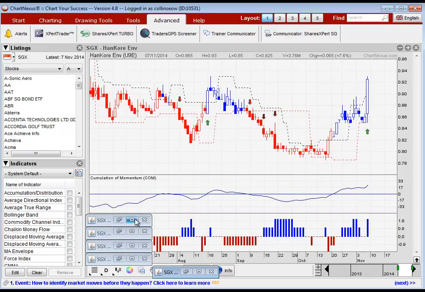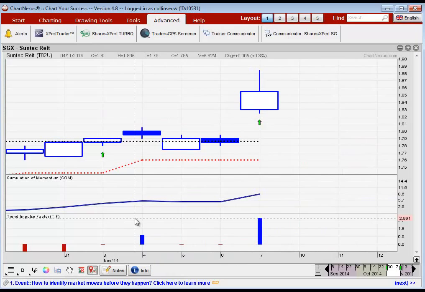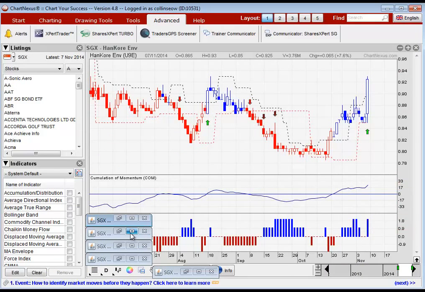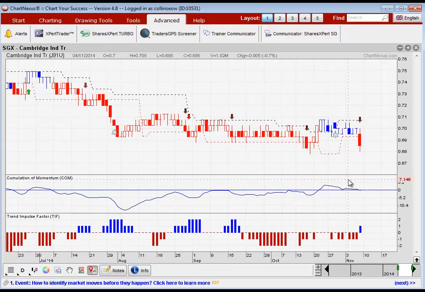Now let's take a look at shorting. How to short. So this is Cambridge. Okay, this is a new arrow with a trend impulse factor. For the previous arrow, there isn't any trend impulse factor.